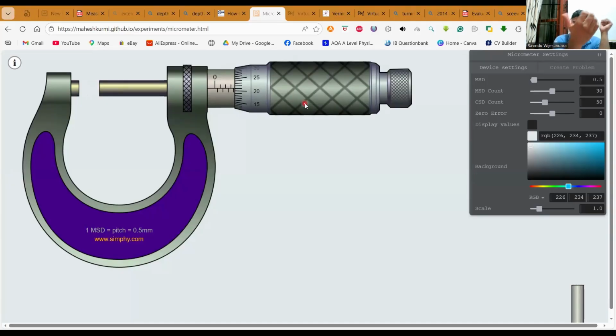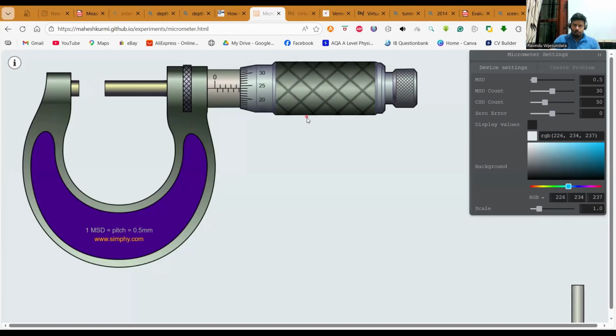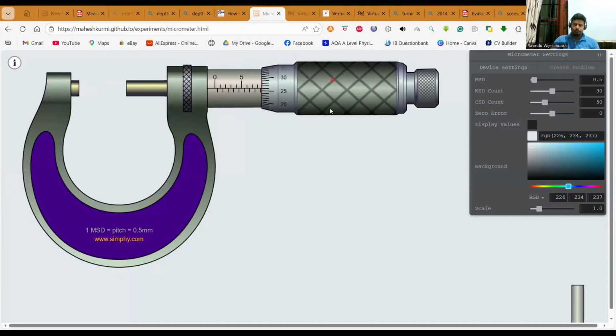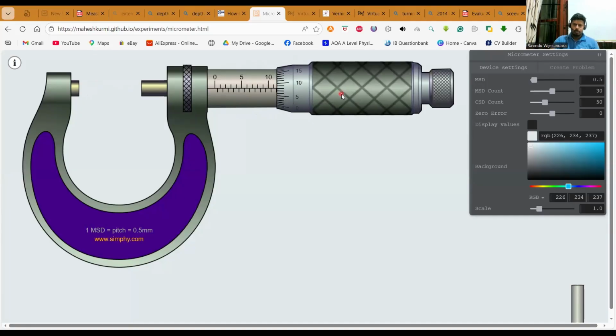If you apply the screw principle here, you have to turn it towards my side. So you can see here clearly the screw gauge is moving to the left hand side. If you turn to the other side, you can see it is moving to the other side.